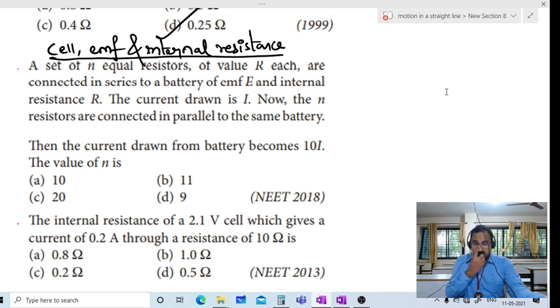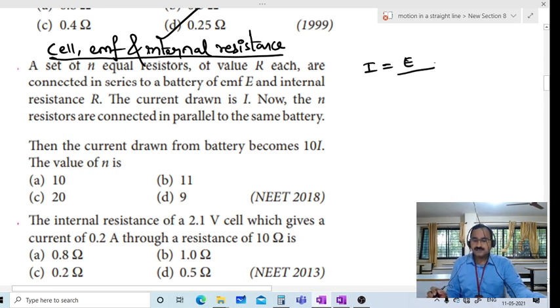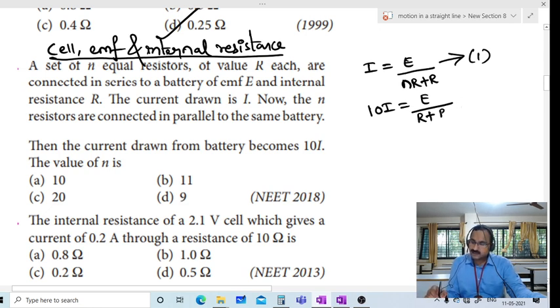That is what they have given. So in the first case, it is connected to a battery of EMF E and n equal resistors of R each, along with the internal resistance, which is nothing but R. So the total is nR plus R. That is equation number 1. In the second case, the current is 10I, equal to E divided by the internal resistance plus the n resistors connected in parallel, which become effective resistance R by n. Series means nR, that is only.